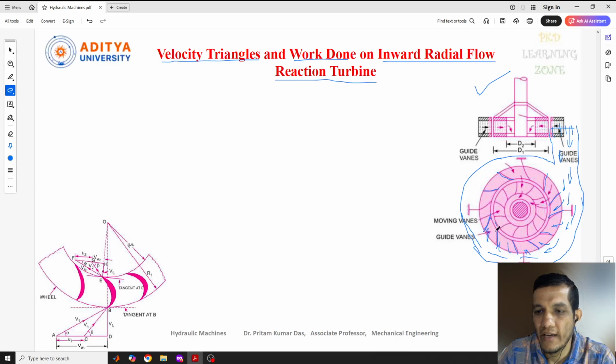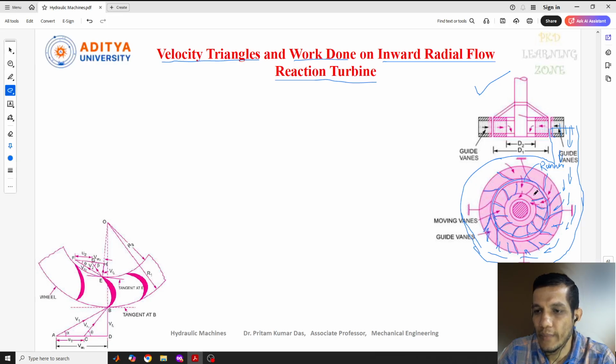After coming inside, you can see a runner is there, and these are the moving vanes. This is also called the runner, and a number of blades are fixed on it. These are moving vanes, fixed on a runner.